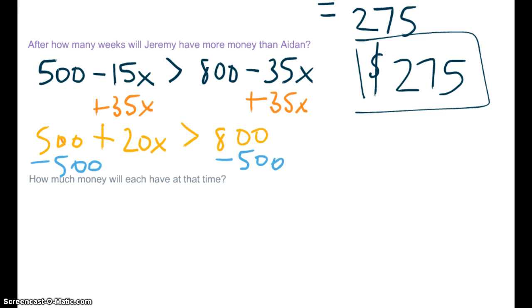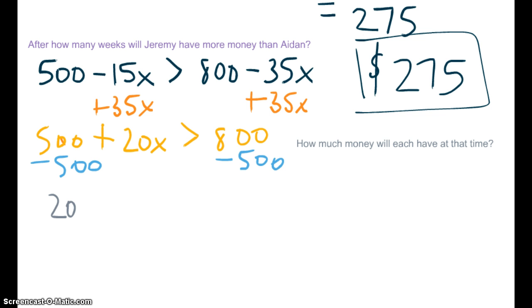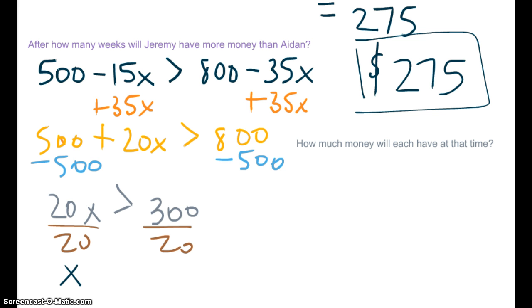Okay, so then we are left with 20x is greater than 300. Then we're going to divide by 20 and divide by 20. So I know that x number of weeks has to be greater than 15. And we knew that before because they were the same at 15. So x, in this case, has to be greater than 15.